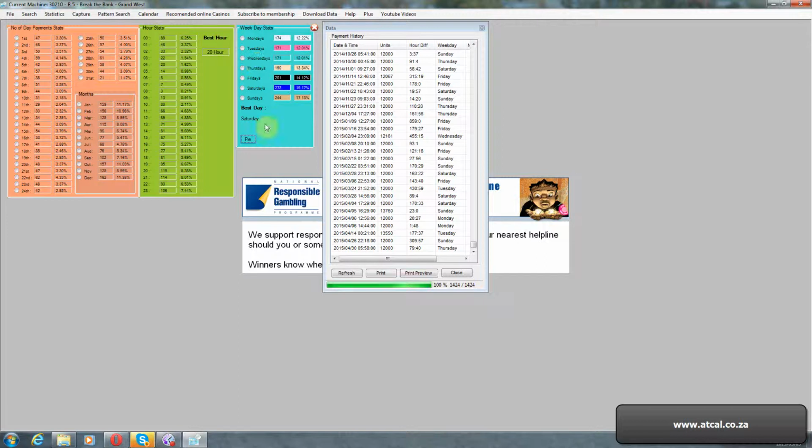And then the same with the day of the week. If you were to take the slot machine and put it to play, you stick to the best day of the week and the best hour, and try to use combinations of these without going into further or deep analysis of it. You've already eliminated the worst playing times.